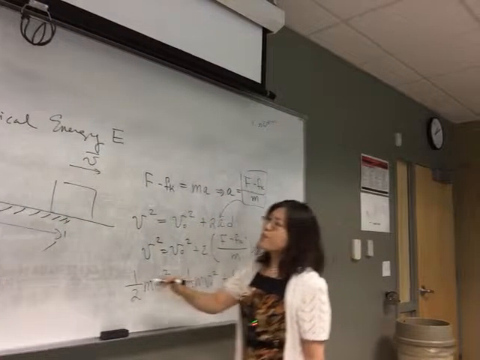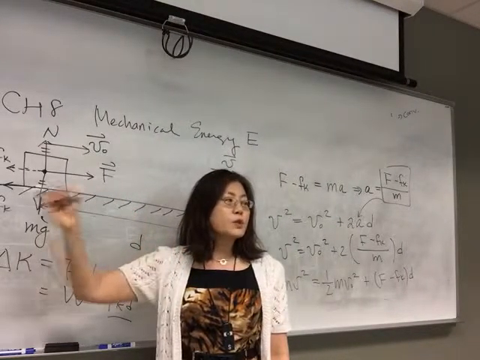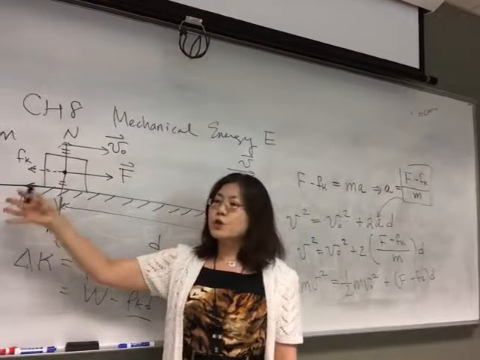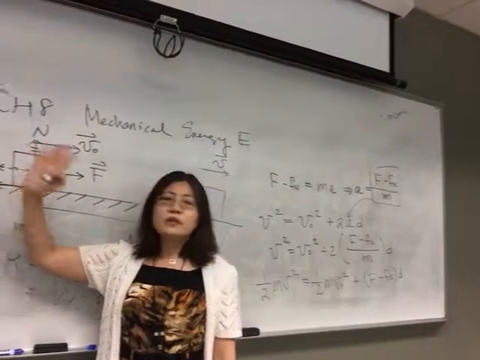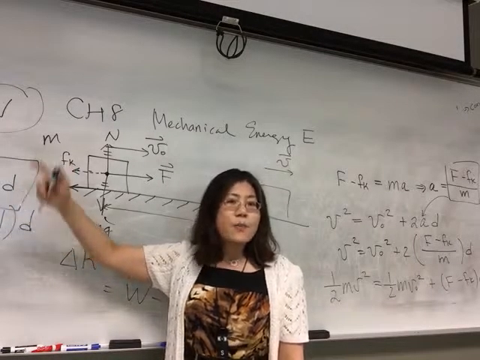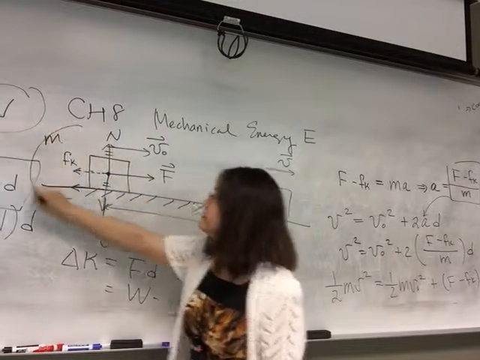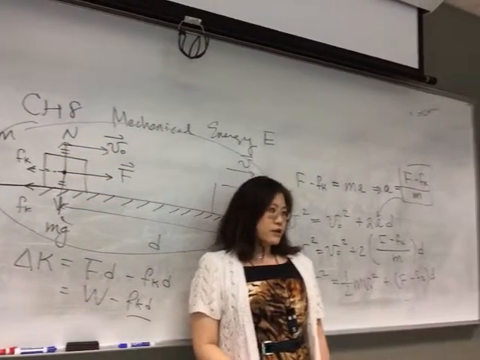This is an important concept that energy is transferred from one form to another. You can change the kinetic energy into potential energy and vice versa. And in addition to that, when there's friction, then there's thermal energy involved that you also have to consider. But within the system, energy is conserved.